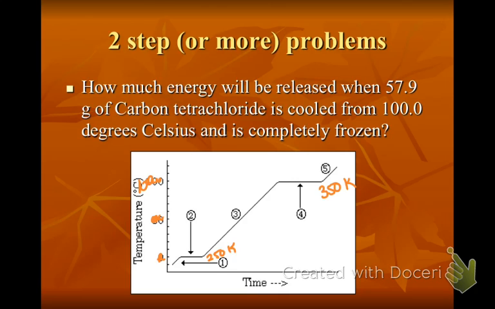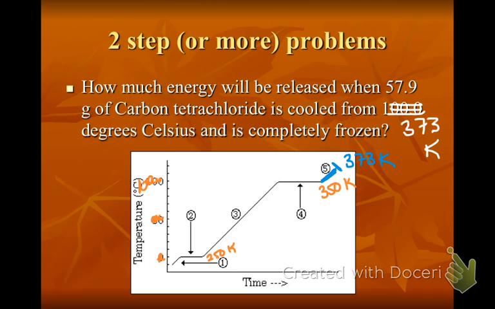And it says it's cooled from 100 degrees Celsius, which I need to figure out what that is in Kelvin, so I just add that to 273, which means we're starting here at 373 K, which all in all means that I'm starting above part 5, starting here at 373 degrees K.